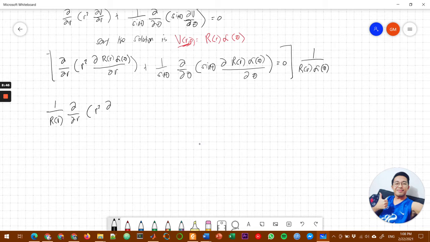So this is the derivative of r with respect to r, plus, so this will become 1 over alpha of theta sine theta, and then sine theta partial of alpha theta with respect to theta.